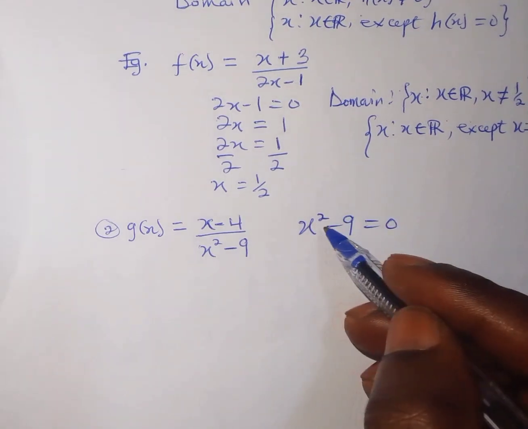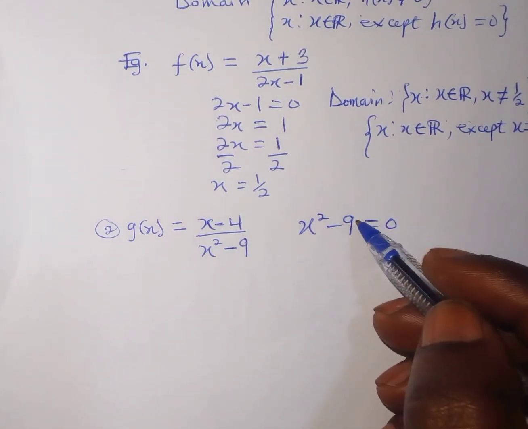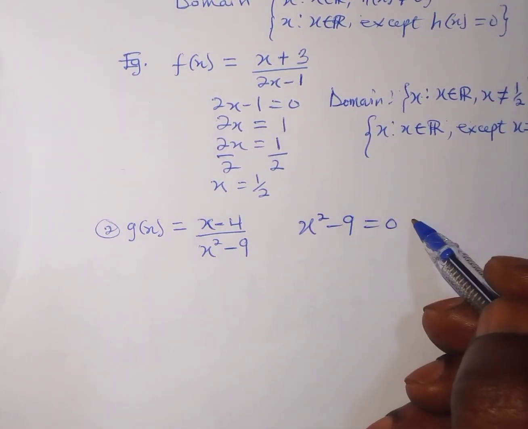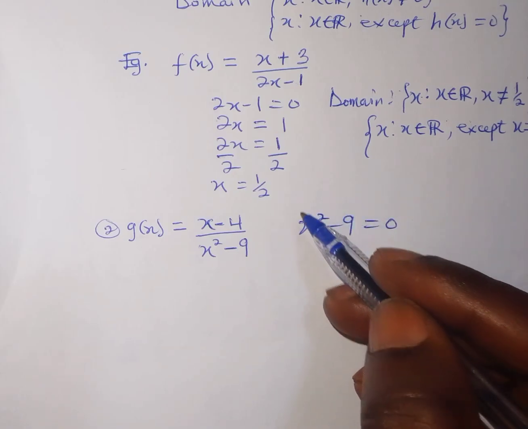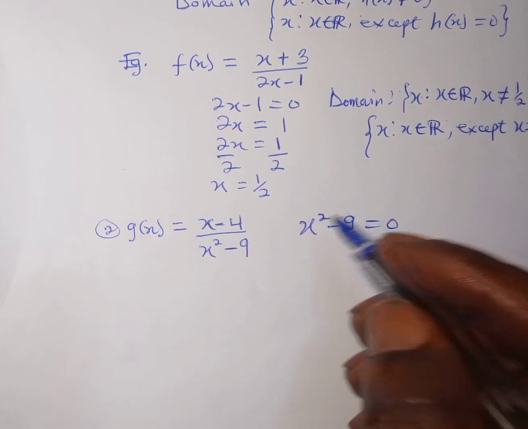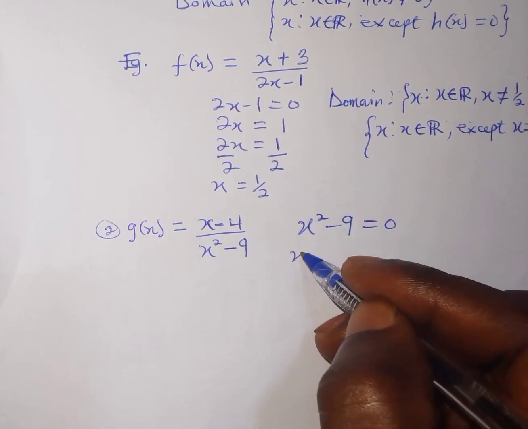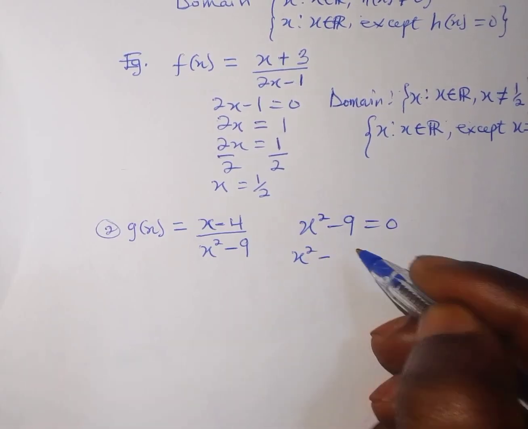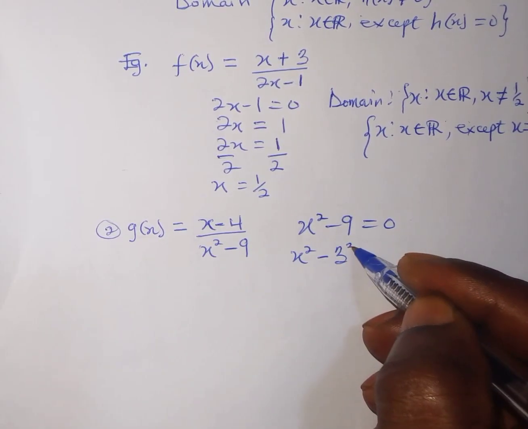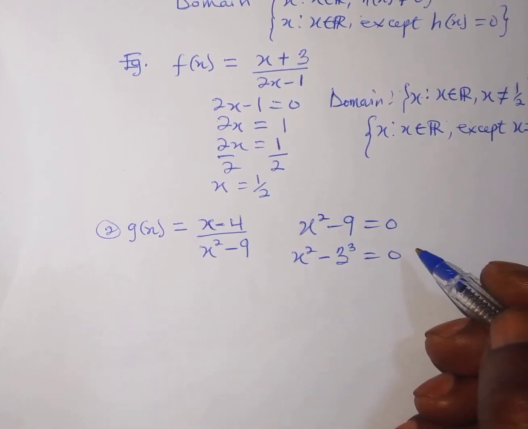Now you know that we can solve this by difference of two squares, or we can even send 9 here and then take the square root of both sides. But I'm going to use difference of two squares. So here I will have x squared, and you know that I can write this also as this. Have you gotten that?